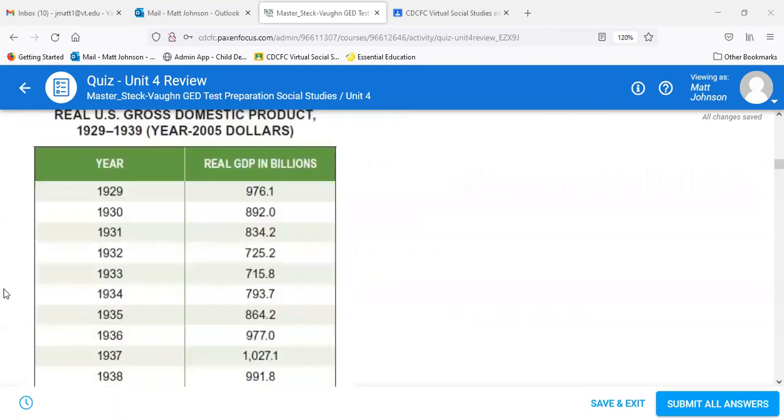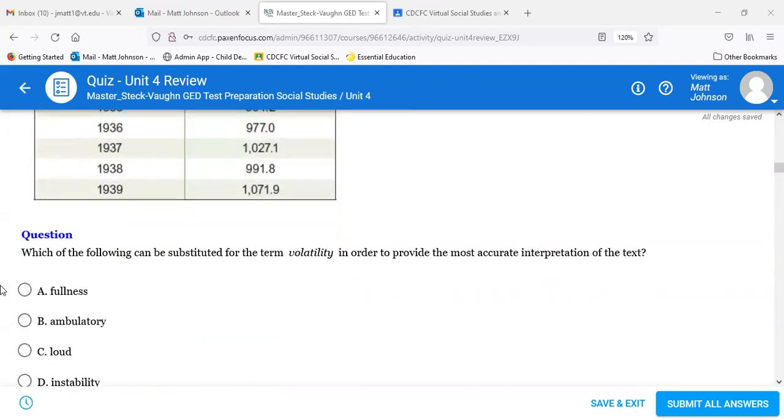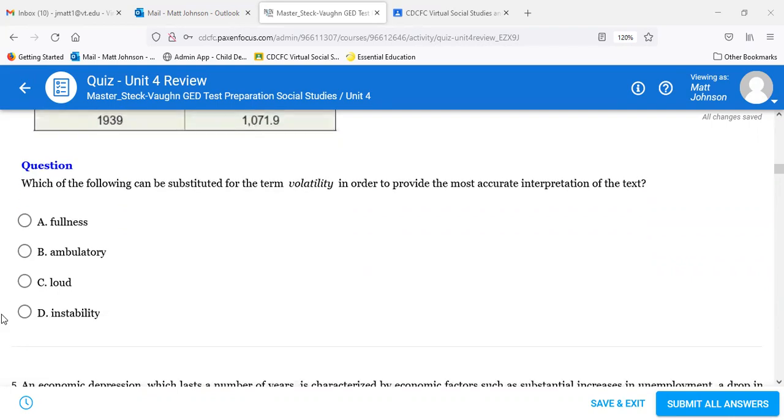And 4, yeah, 4, we have the same passage again. How about back to Nilda? Nilda, could you read 4? Yes. Which of the following can be substituted for the term volatility in order to provide the most accurate interpretation of the text? A, fullness. B, ambulatory.